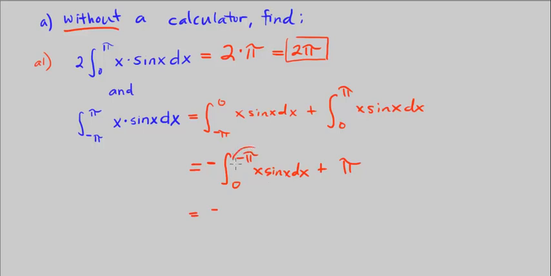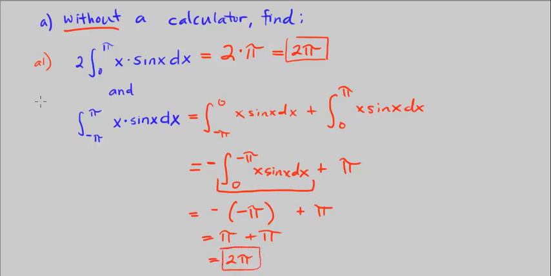It's kind of tricky, but this right here is equal to negative pi, plus pi. And then negative times negative becomes positive pi plus pi. And that's 2 pi.